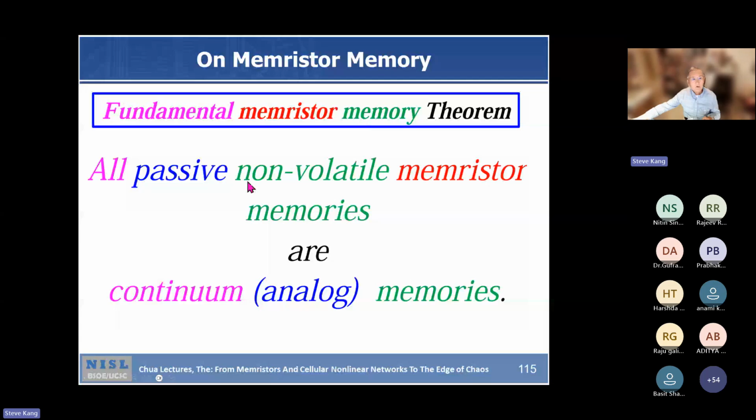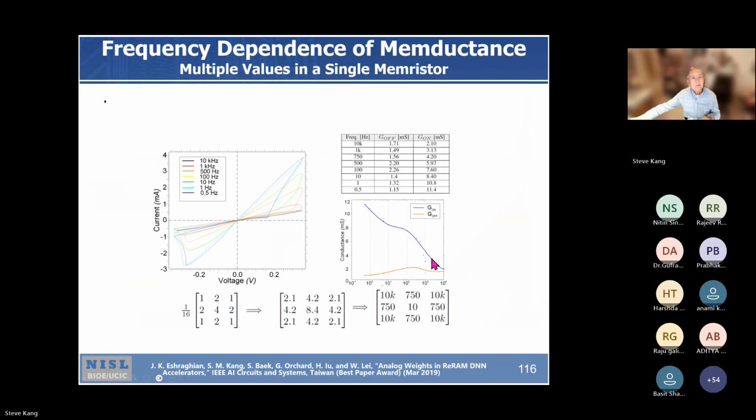Fundamental memristor memory theorem: all passive non-volatile memristors are continuum analog memories.